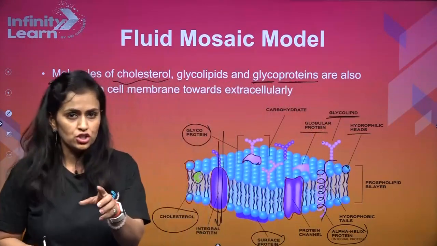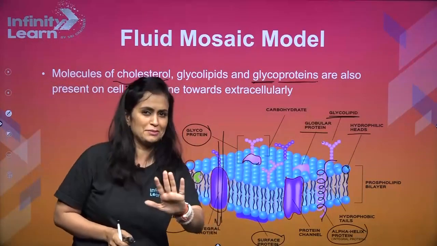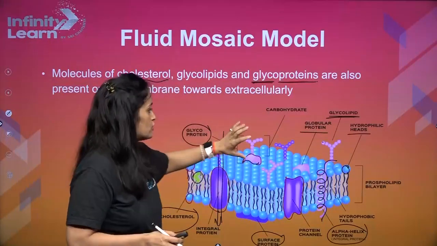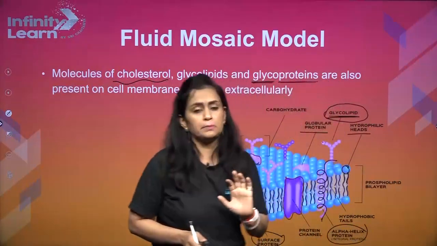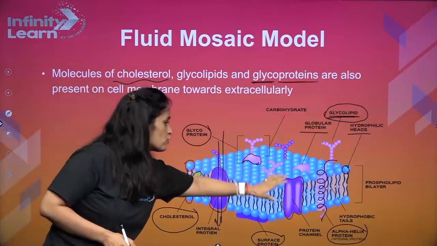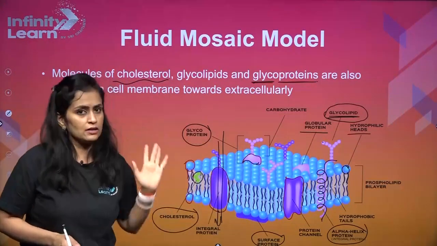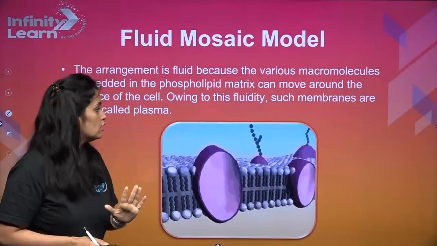You can judge by the name itself. Glyco is carbohydrate, lipid is fat molecules. Glycosylation it is also called. So these are actually the addition of carbohydrate to the lipids. All this stuff you can find embedded in this phospholipid bilayer, which gives it a mosaic pattern. Hence, we call it a mosaic model.